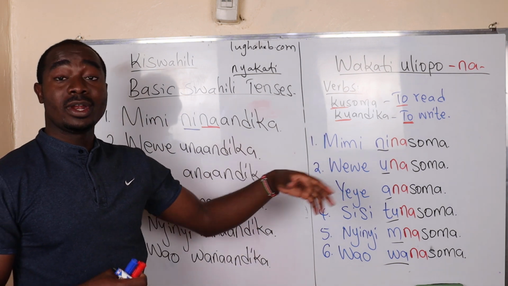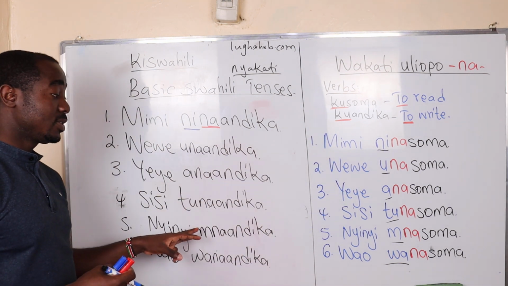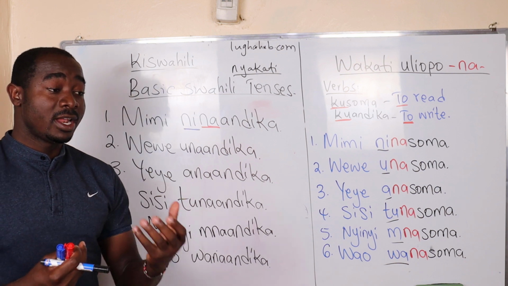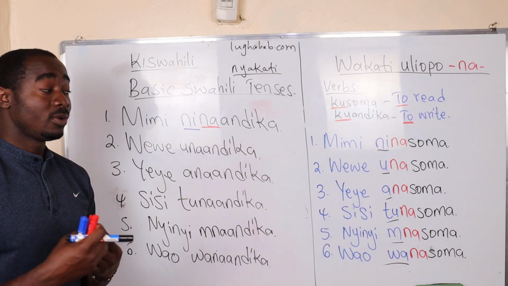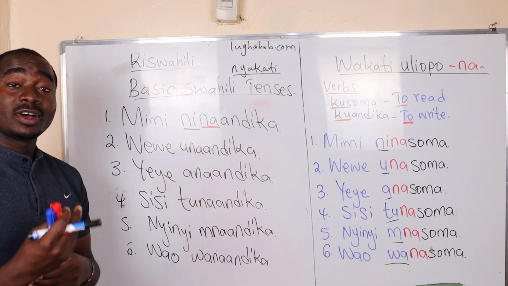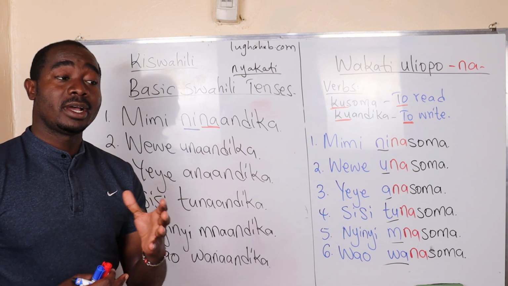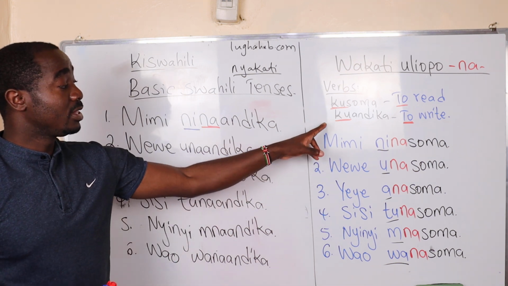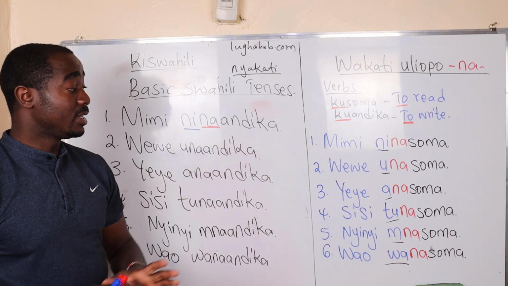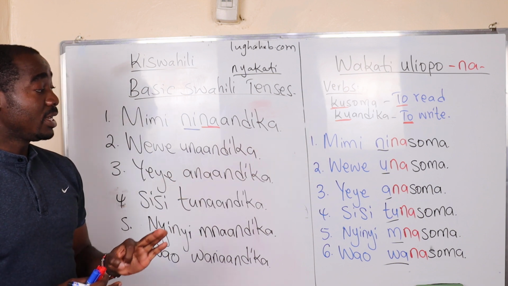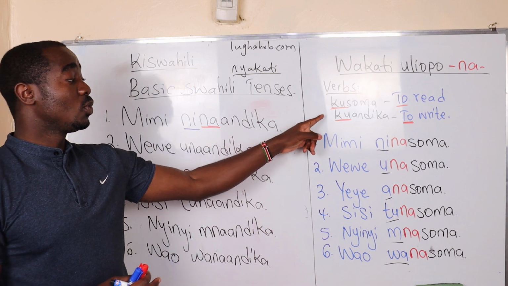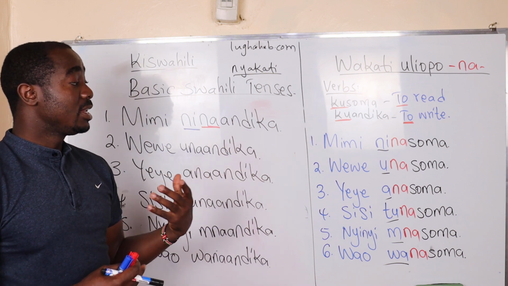When I give another verb and tell them to make a sentence in the present tense, they end up forgetting to remove this ku, and they write Nina.